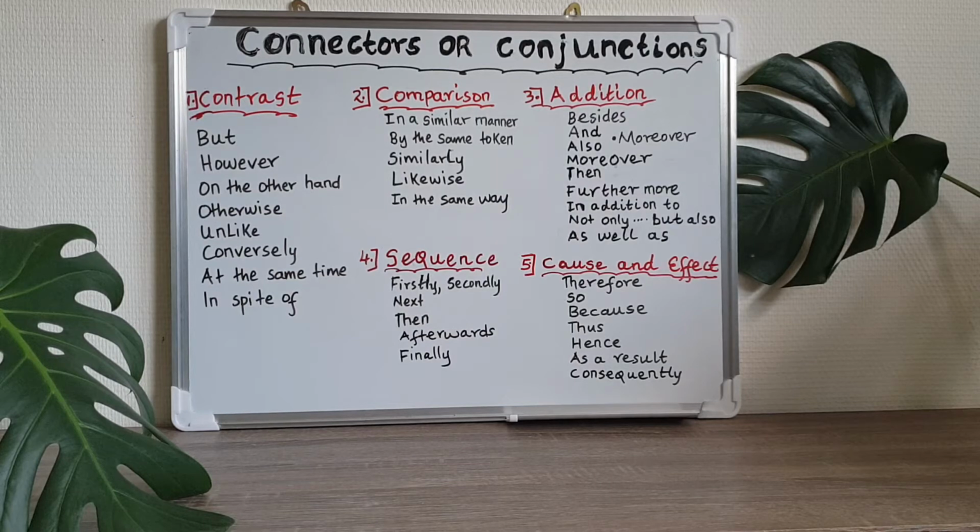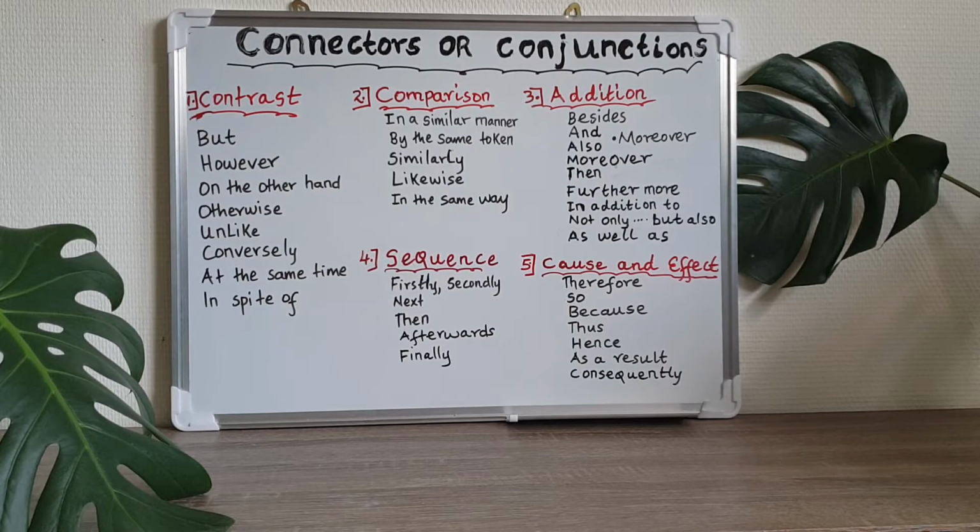And to join three sentences together, you will need to use connectors. So in other words, connectors are very, very important because in speech or in writing, we are always joining our sentences or ideas together.